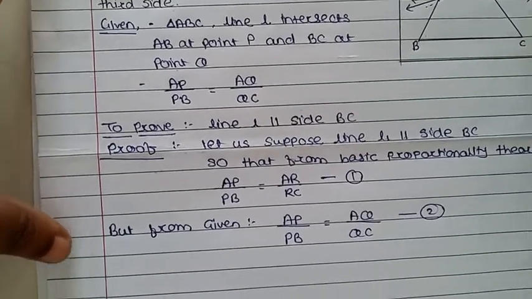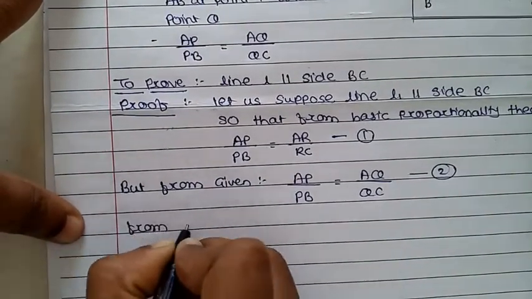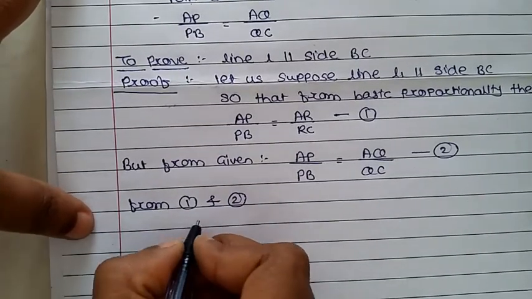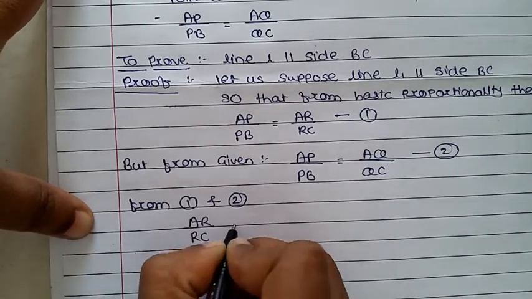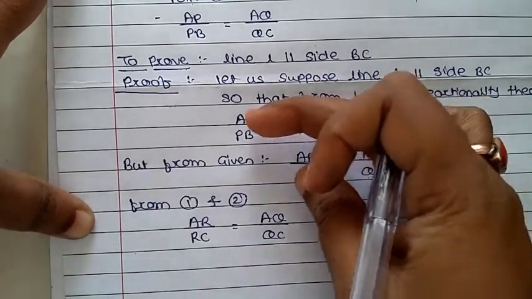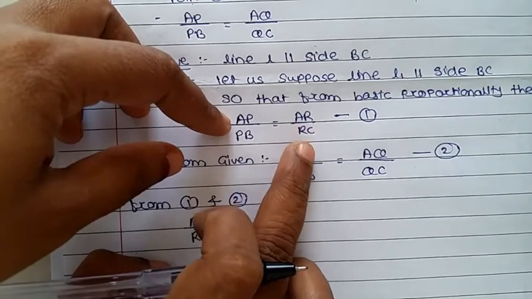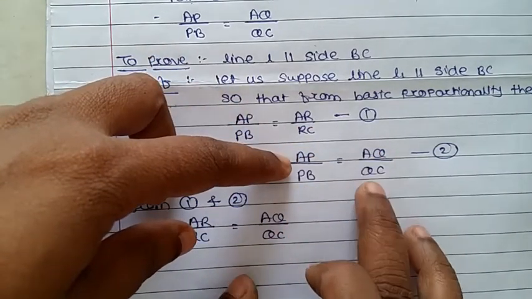Now from 1 and 2 we can write AR upon RC is equal to AQ upon QC. Why? Because the left hand side is the same: AP upon PB is equal to AR upon RC, and in the second equation AP upon PB is equal to AQ upon QC.